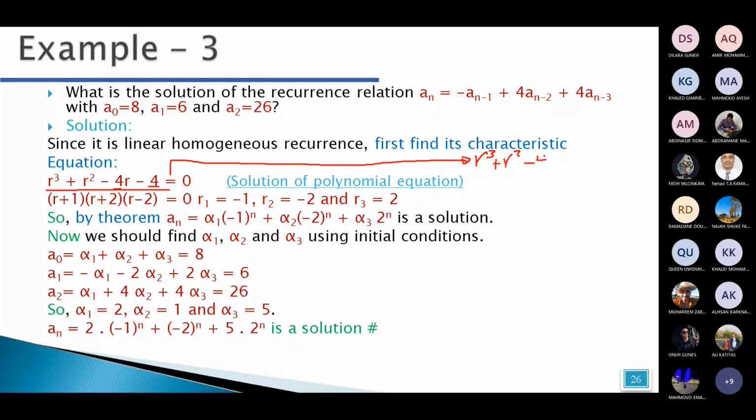Minus 4 as a common factor, what do we have inside? r plus 1. All this equals 0.